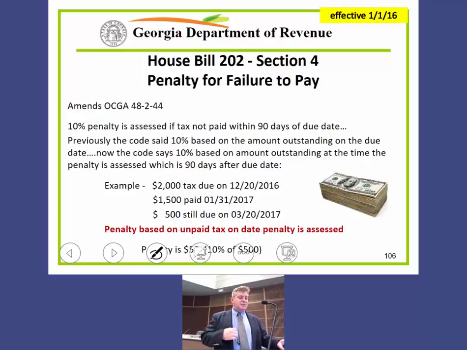Another change in House Bill 202 is under general law, if property tax bills are not paid in full within 90 days of the due date, a 10% penalty is added. And the change under House Bill 202 is that the amount of the penalty is going to be based on the amount of unpaid taxes on the date the penalty is assessed, which is 90 days beyond the due date.